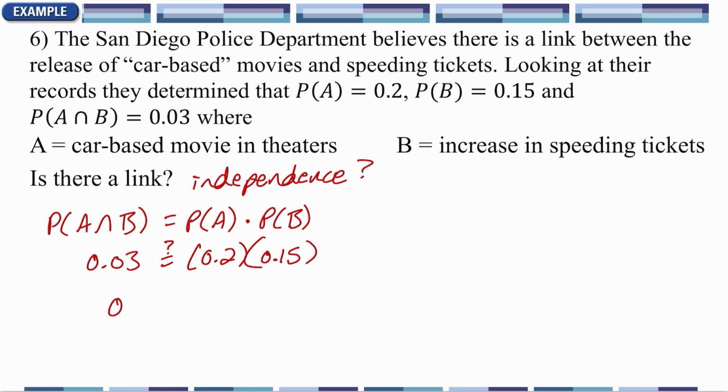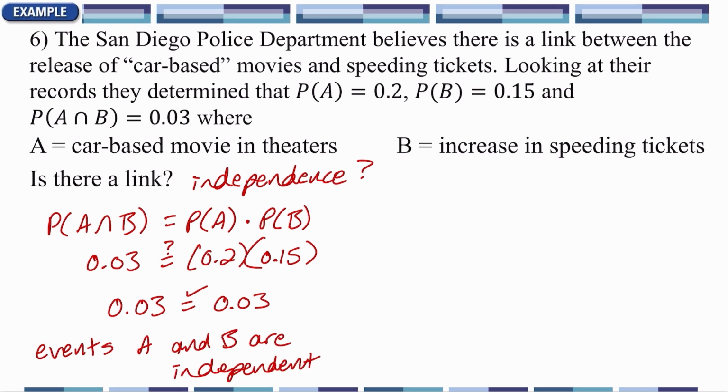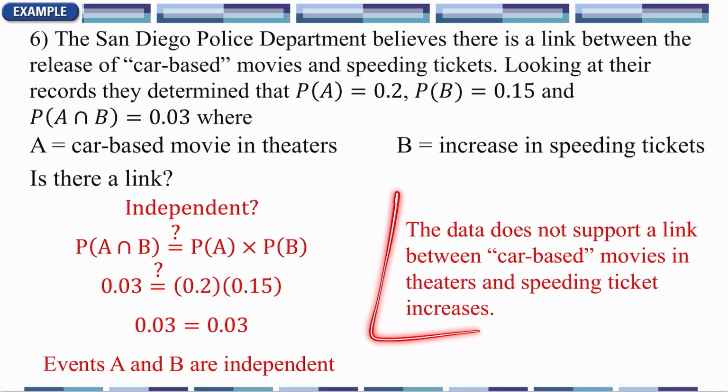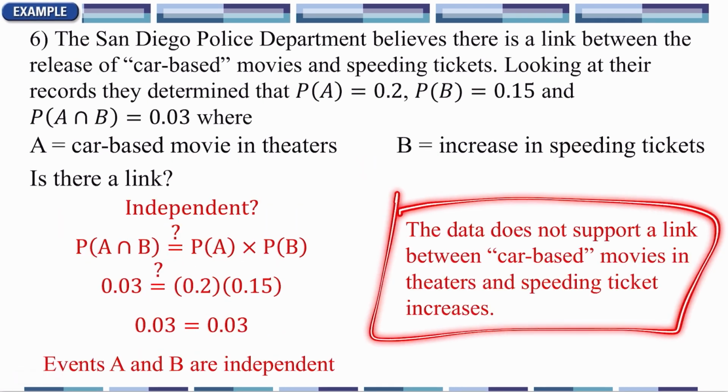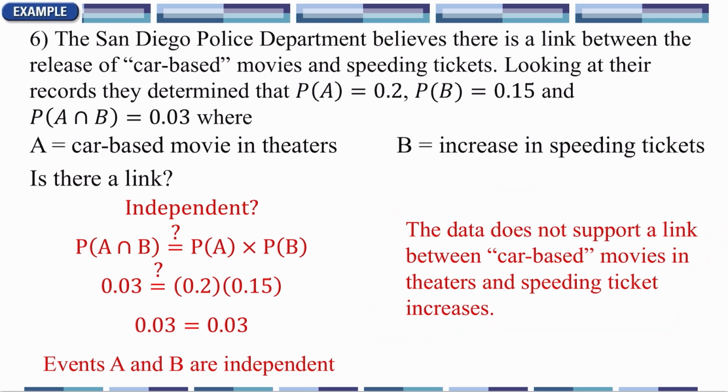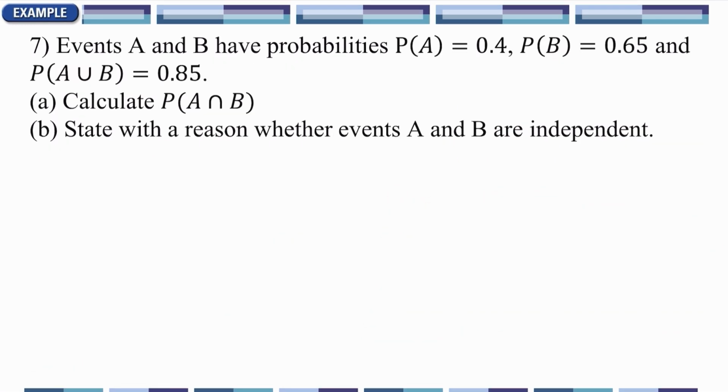And you would calculate, and in fact, they are the same. 0.03 equals 0.03. So events A and B are independent. So this then means that the data does not support a link between car-based movies in theaters and speeding ticket increases.